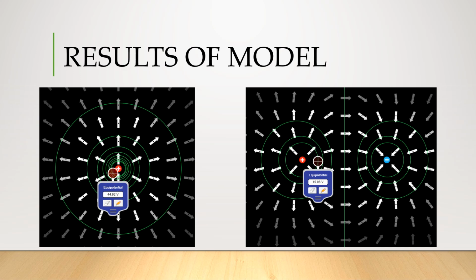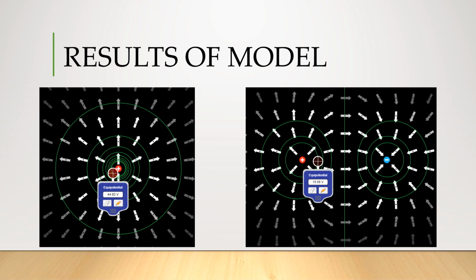And then with the equipotential lines, you can see that they aren't exactly circular like they were with the point charge on the left. So we have an equipotential line at 15 volts, 10 volts, 5 volts, 0 volts, which is that straight line in the middle, and then negative 15, negative 10, and negative 5.